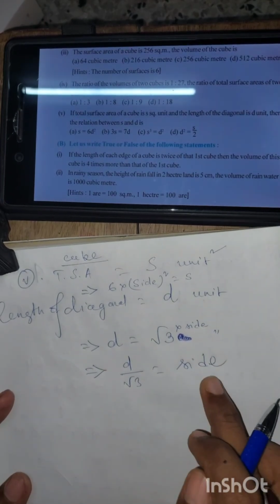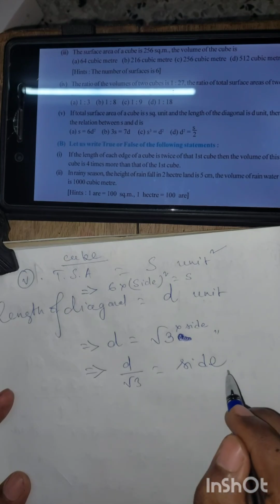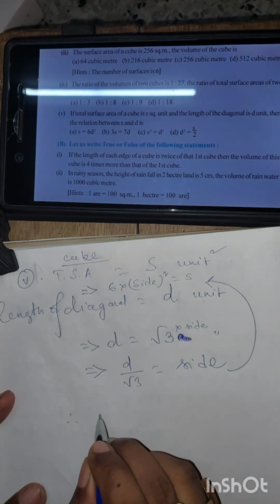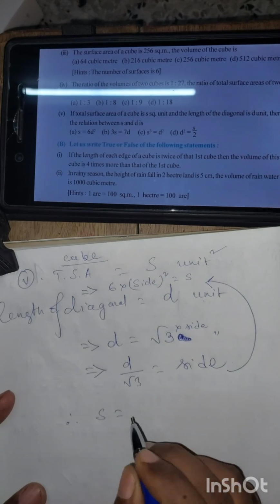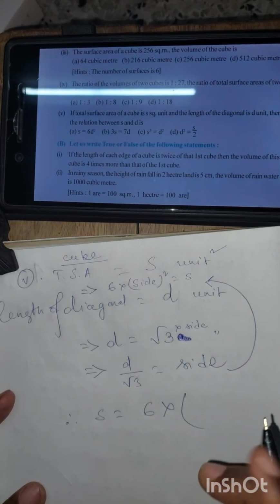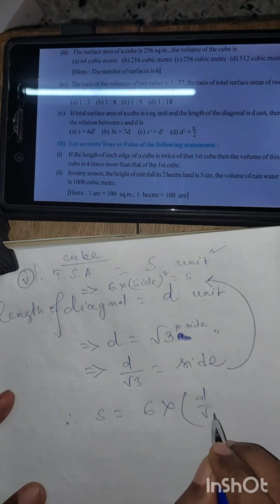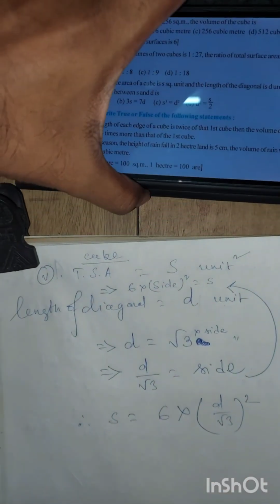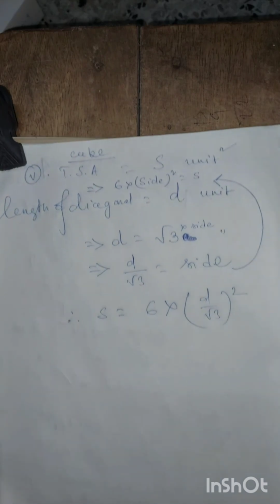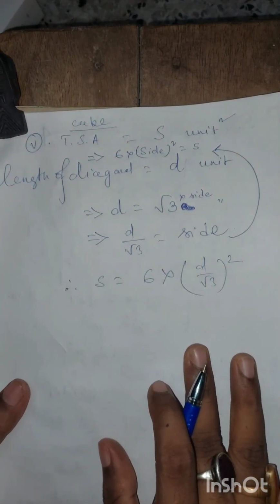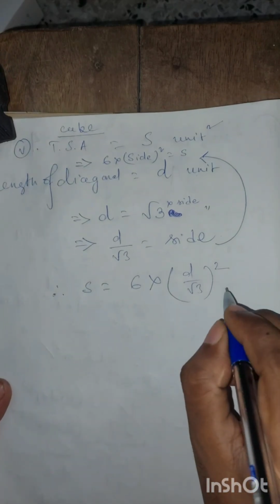Now we can put this value to the first equation. Therefore s equal to 6 into side square. So in place of side we can write d by root 3, whole square, which is equal to s.